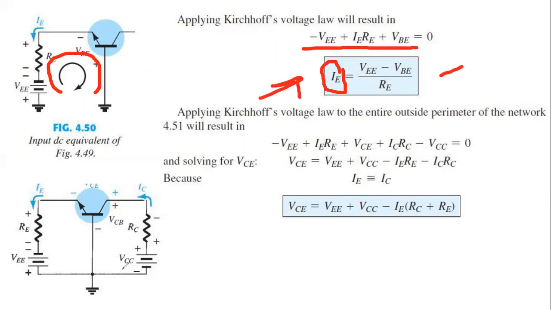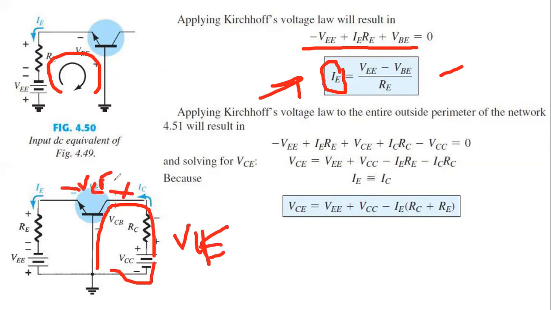Now the interesting thing is that if we want to find out the VCE, and we apply the KVL on this side, we will not get the voltage VCE. To get the voltage VCE, this is the C, this is the E, we have to apply the KVL into the total outer loop. Let me draw one more time.